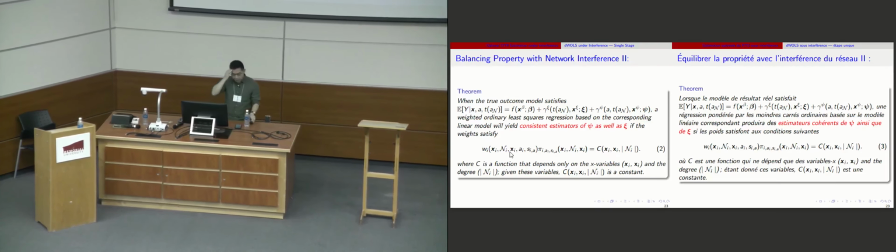The second theorem about the balancing property with the network interference, which is regarding the double robustness of the DR, is as follows. This theorem tells us that the true outcome model has three parts. The first, the treatment-free part. The second is the two blip models. The first is only related to the interference term T of A_N with the parameter kappa.